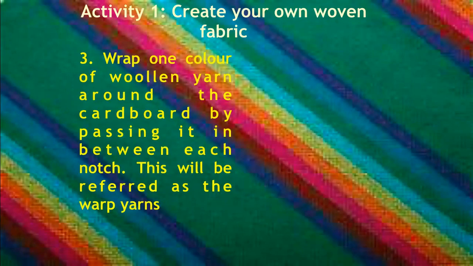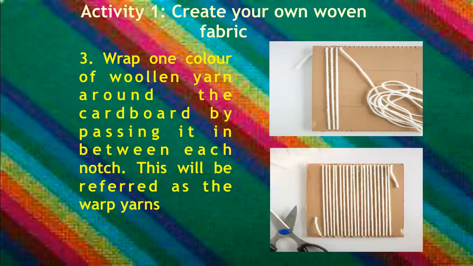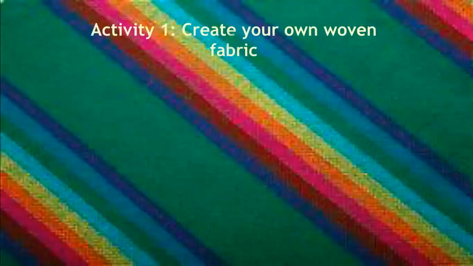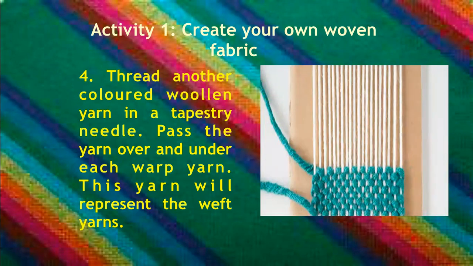Next step, wrap 1 color of woolen yarn around the cardboard by passing it in between each notch. This will be referred to as the warp yarns. The next step, thread another colored woolen yarn in a tapestry needle. Pass the yarn over and under each warp yarn.